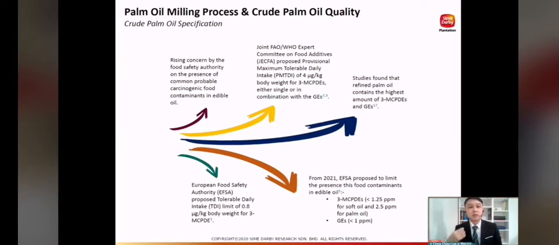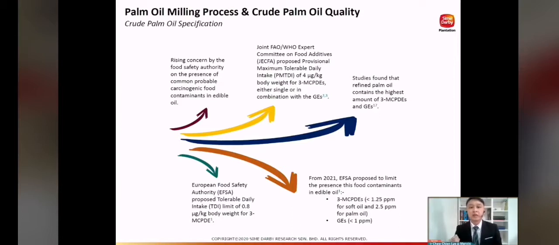Before I go further into 3-MCPD and GEs, I would like to give some background about them. 3-MCPD and GE are a rising concern for food safety authorities because they are identified as potential carcinogenic food contaminants.